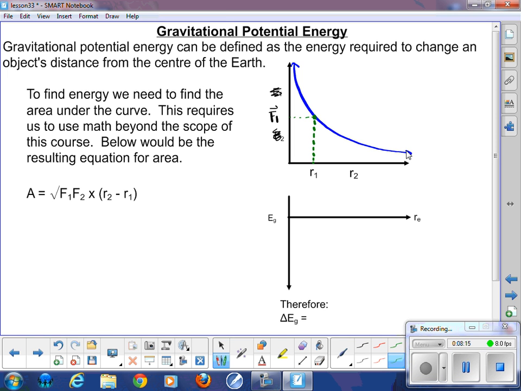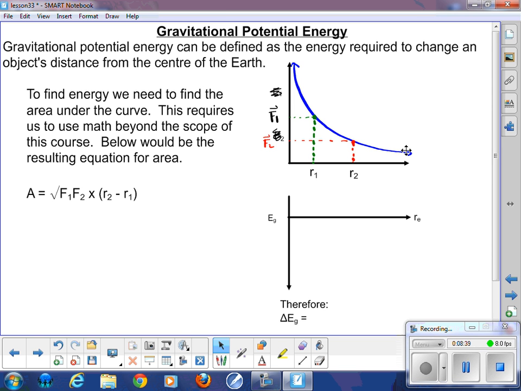So there's my F1. If I want to move it to a new height, or new location, this will be my F2. So what we're doing here with gravitational potential, we need to know the difference, or the energy it takes to move it from location 1 to location 2.